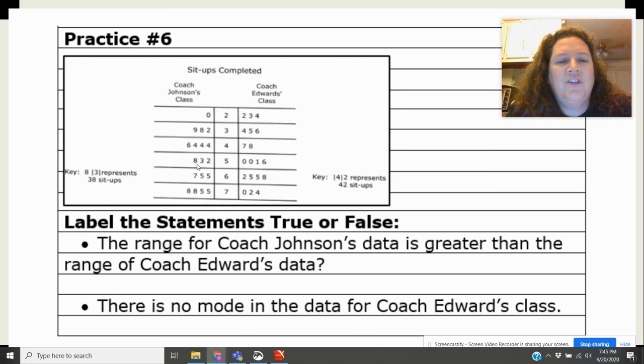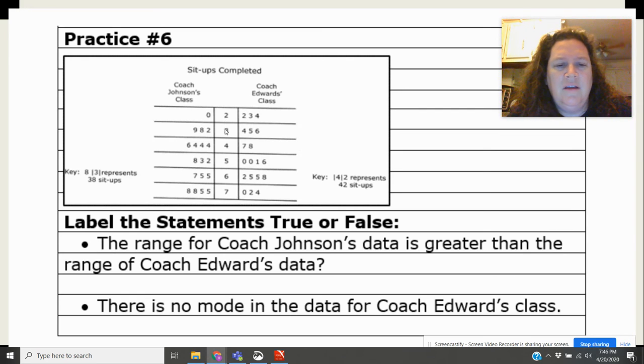Okay. So you can see it's got a 2, 3, 4, 5, 6, and 7 in the middle. And notice over here on this key, it says 8 in the bar and 3 in the middle. So that's this value here, 3 and 8, represents 38 sit-ups. So this is your tens place. So the left side is weird. The right side is normal.